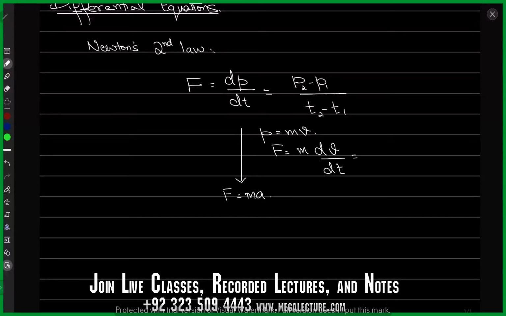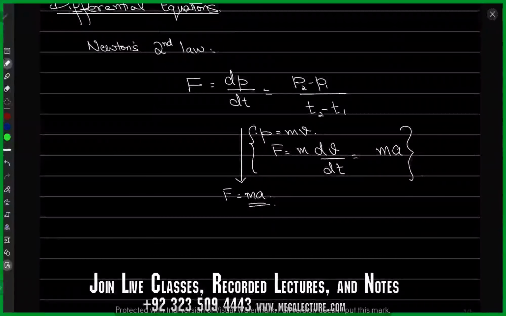We know that the time rate of change of velocity, how velocity changes with time, is just acceleration, and therefore we get this expression F equals ma. So that's what happened in coming to this expression.